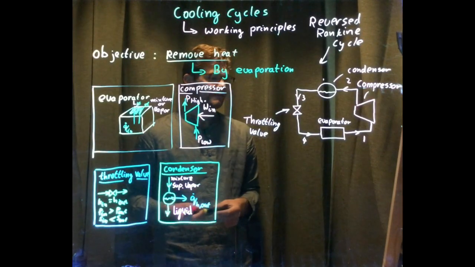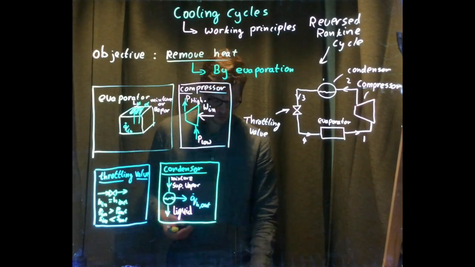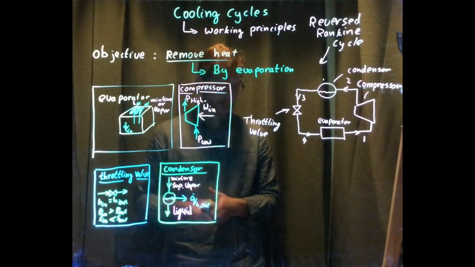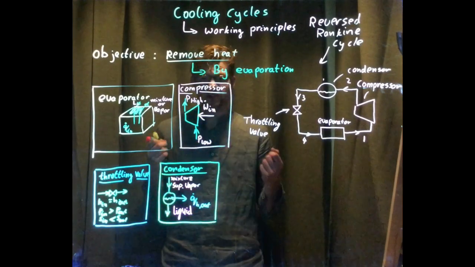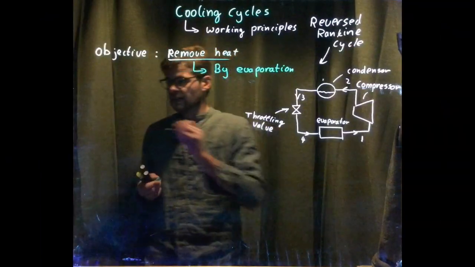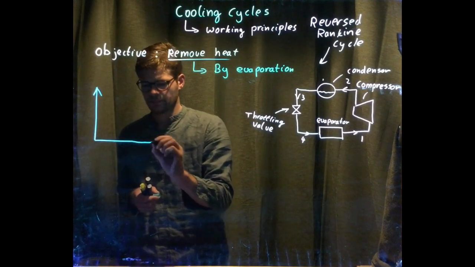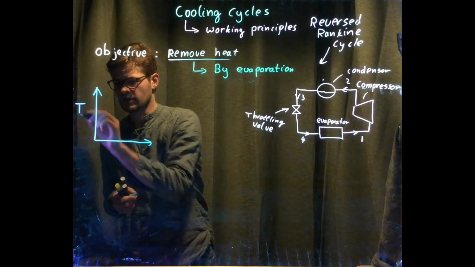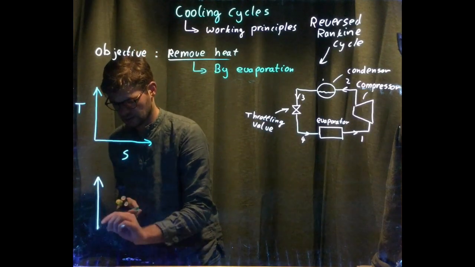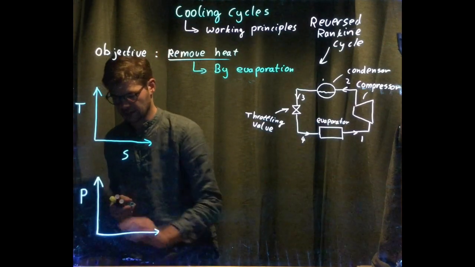Okay. As I'm interested in the thermodynamic principles behind the system, we're going to make a TS diagram, and since it's very useful, we're going to make a pH diagram as well. I will make the TS diagram over here, temperature, entropy, and over here I will make the pressure and enthalpy diagram.